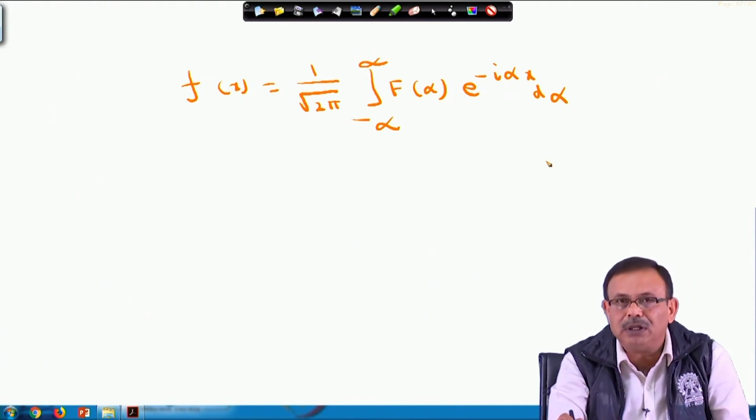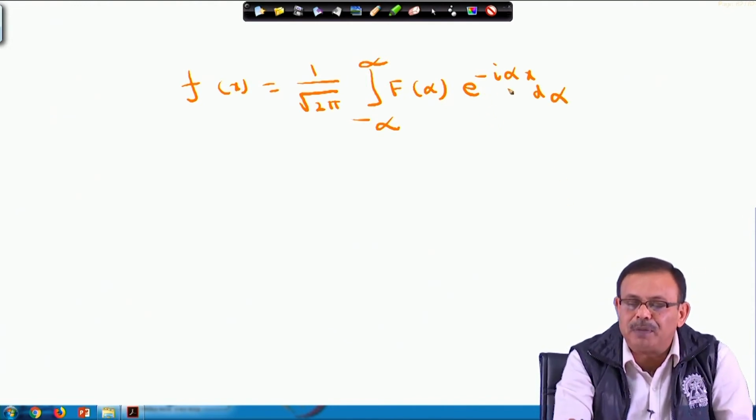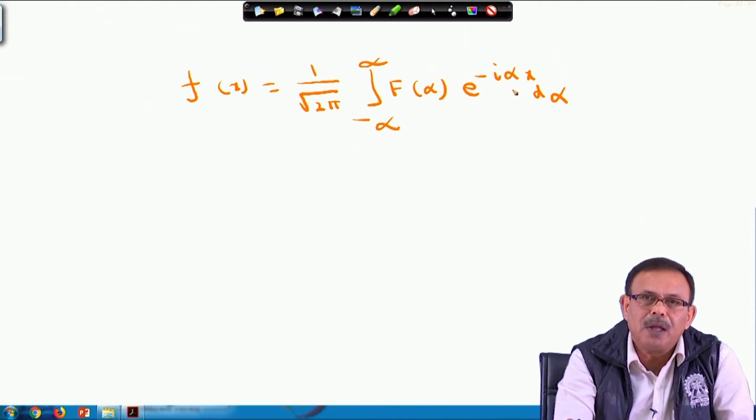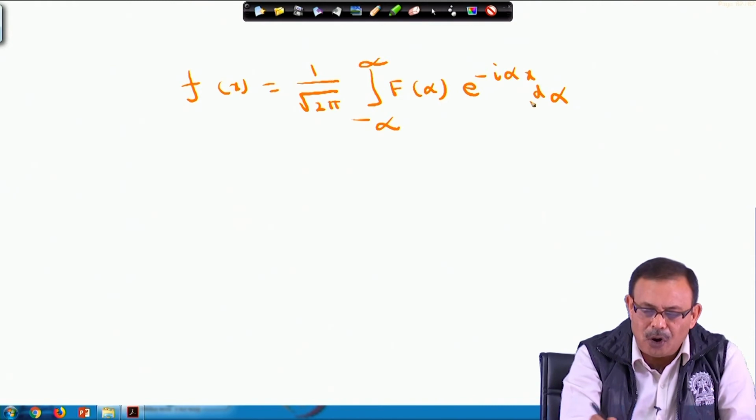Please note one thing, here I have used e power minus i alpha x because when I was finding the Fourier transform, I used e power i alpha x. So in the Fourier transform if you use e power i alpha x, then in the inverse Fourier transform you have to use e power minus i alpha x, or you have to do the opposite.